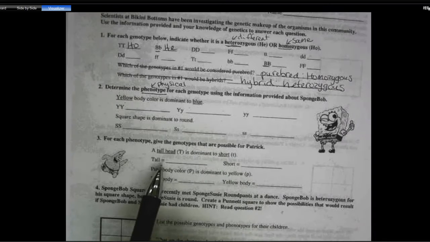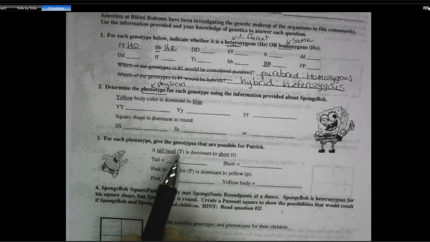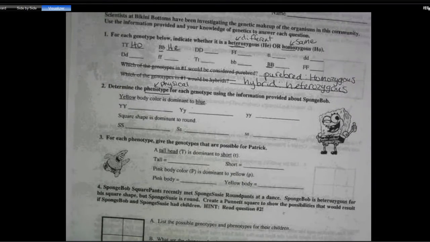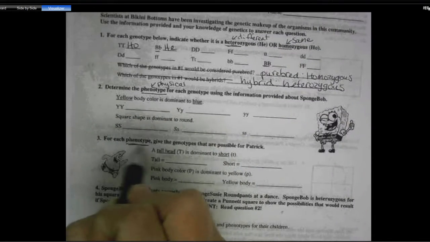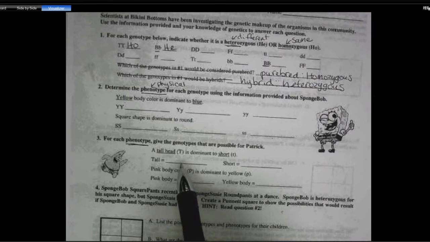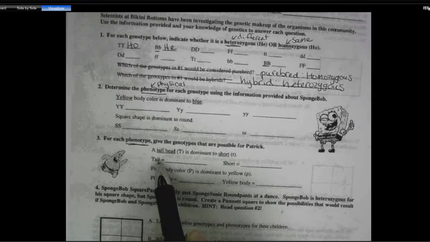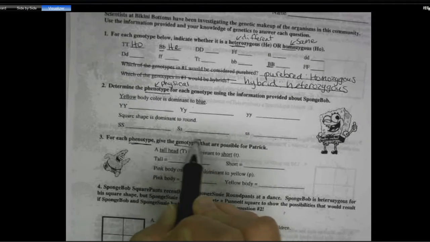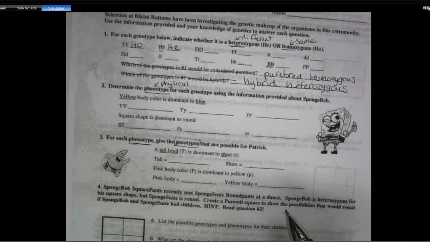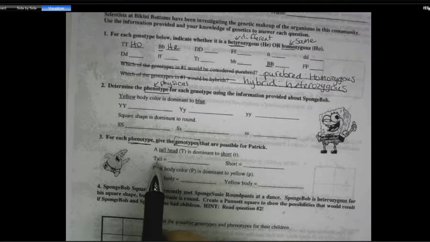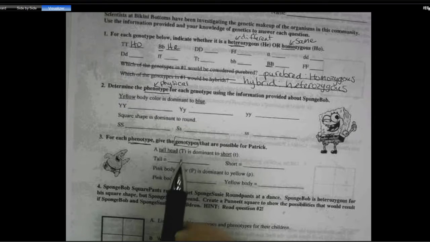And again, they're going to talk about how tall head is dominant to short, T. And you're going to tell me what those phenotypes are. For this one you're given the phenotype, so you must actually put the genotype. So for tall, what are the genotypes that could be tall? Remember, it's anywhere where a large T is present, okay?